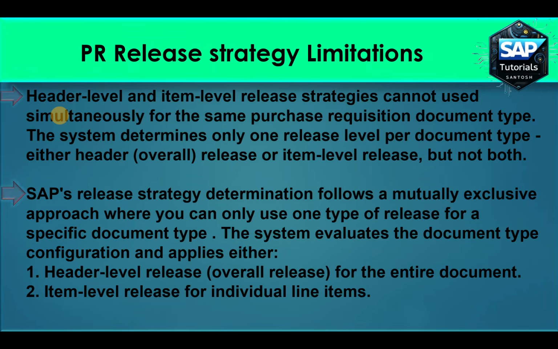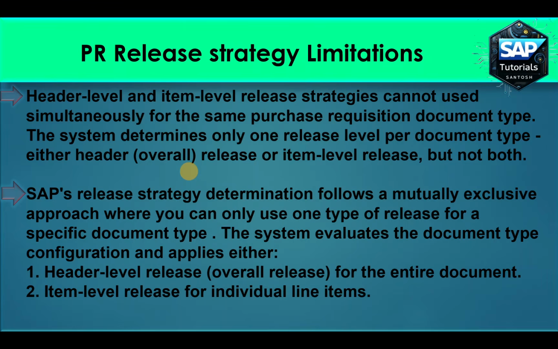Next, some limitations. Header level and item level release strategy cannot be used simultaneously for the same purchase requisition document type. What does it mean? For example, if you want to use a header level release strategy for the NB document type, then you cannot use an item level release strategy for the same document type, NB.